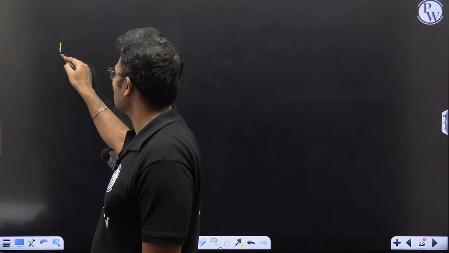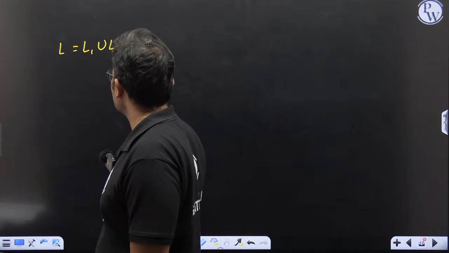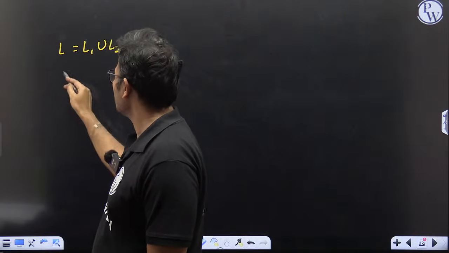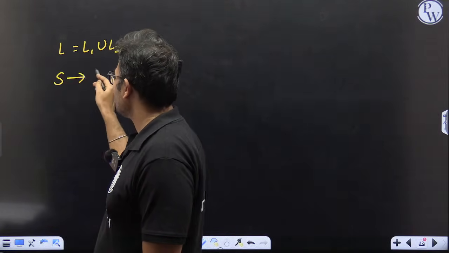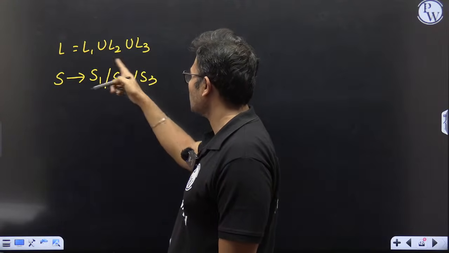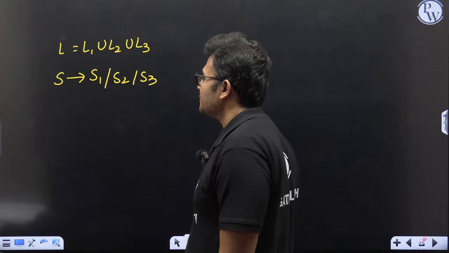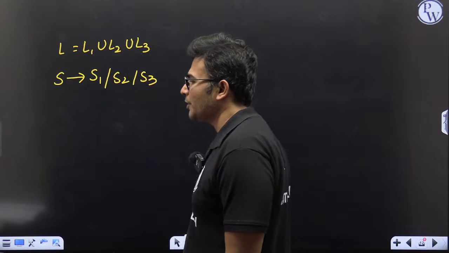So what is the meaning of these three rules? If you have L equal to L1 union L2 union L3, then when you write the grammar it is going to be S derives S1 or S2 or S3, because they are not collapsing, we have to generate each language separately.